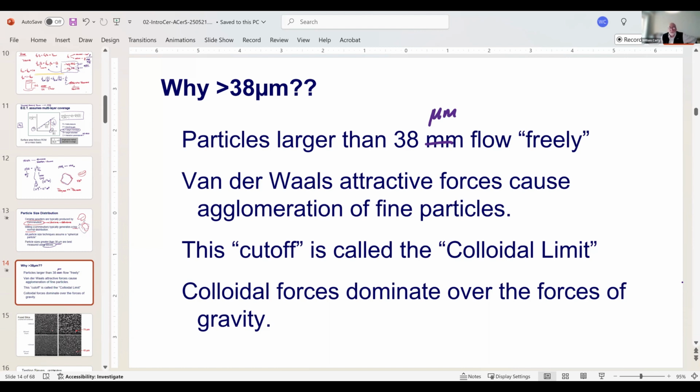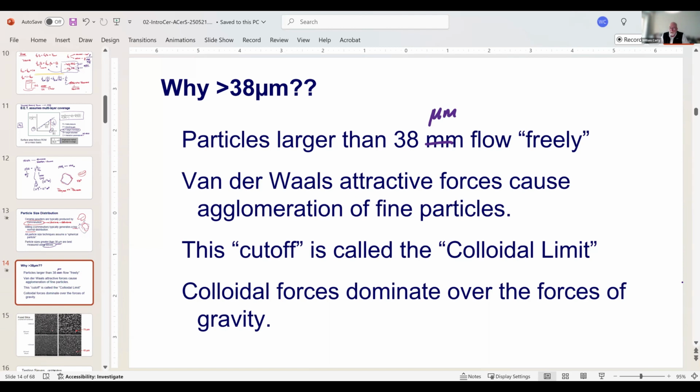Go get the flour, try to pour it out. It doesn't flow nicely. Or to give you a better example, go get confectioner's sugar, powder sugar, and look how it flows compared to granulated sugar. That's the difference. The granulated sugar particles are larger and they flow freely, just like sand flows versus clay.